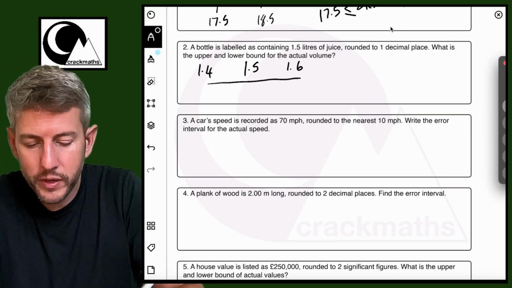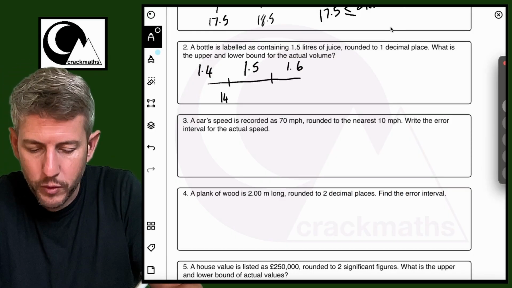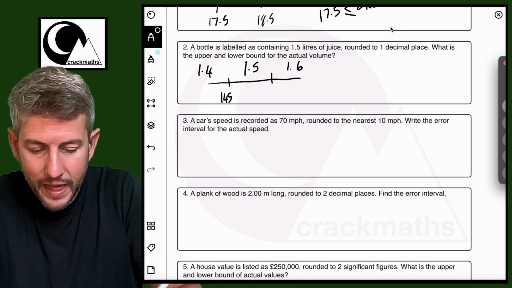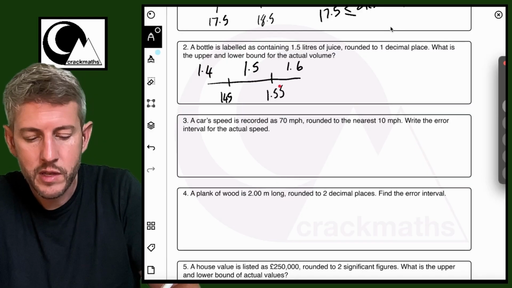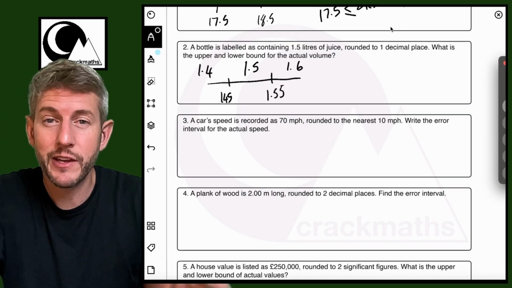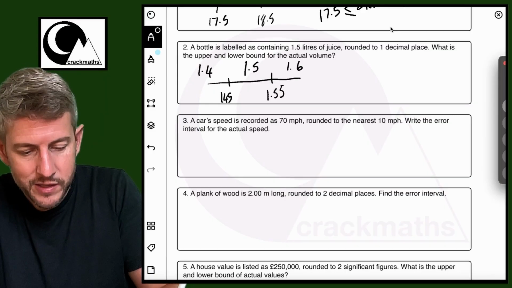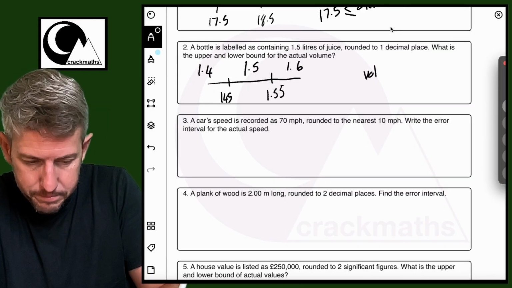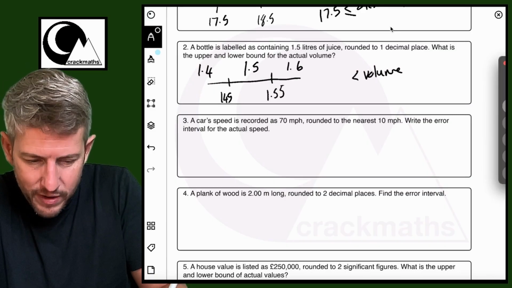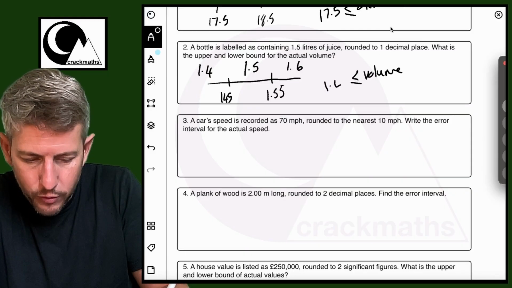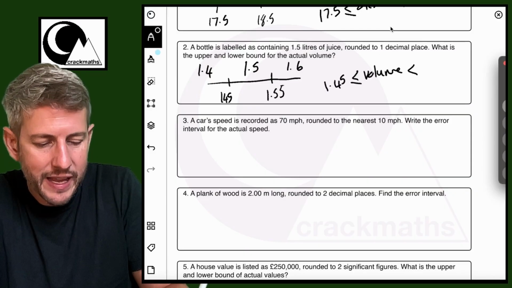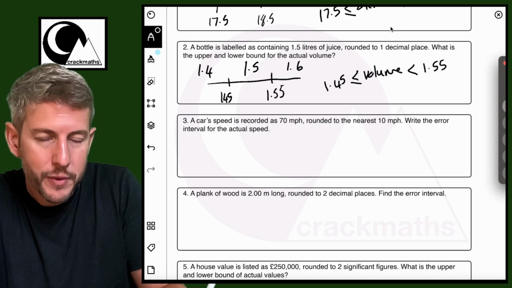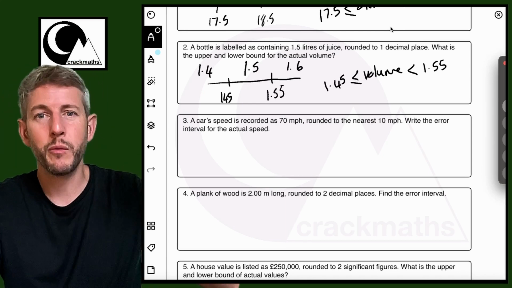Then we find the midpoints, 1.45 and 1.55. So everything between these two values is what rounds to 1.5. So we've got here the volume is greater than or equal to 1.45 and it's strictly less than 1.55, because as we know, 1.55 would round up.